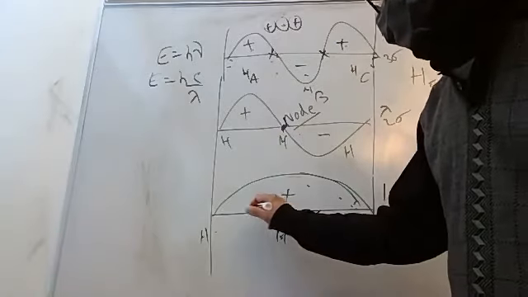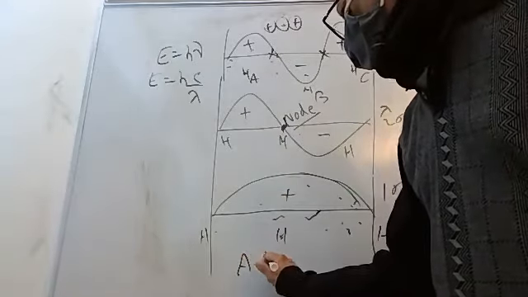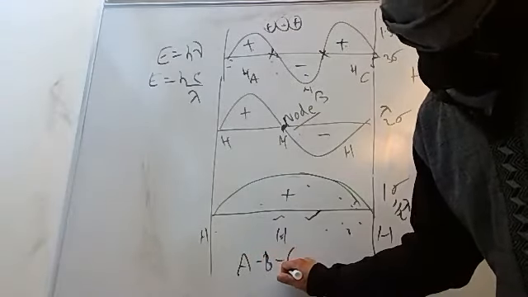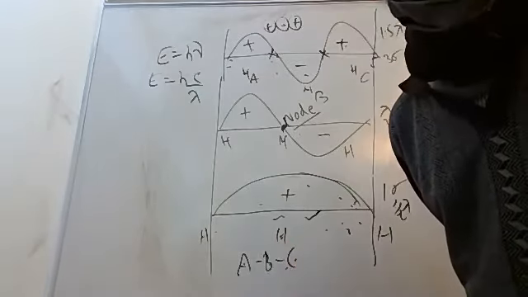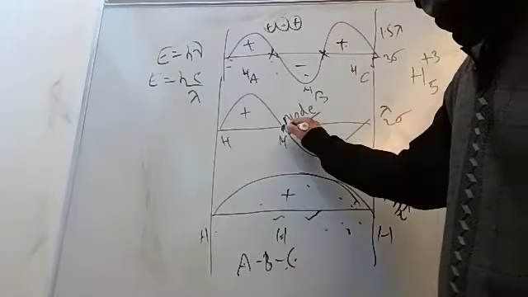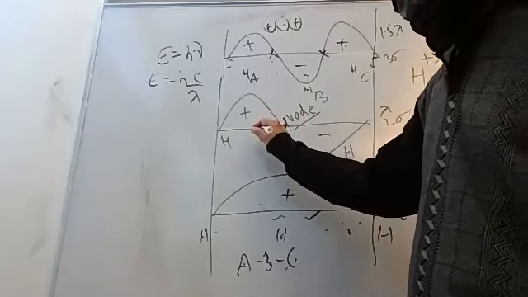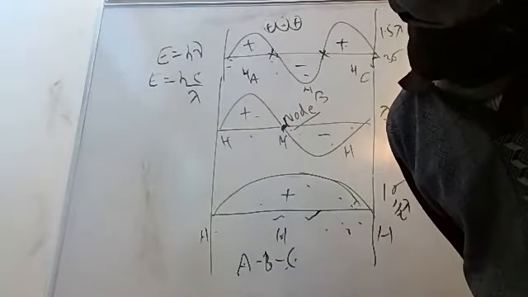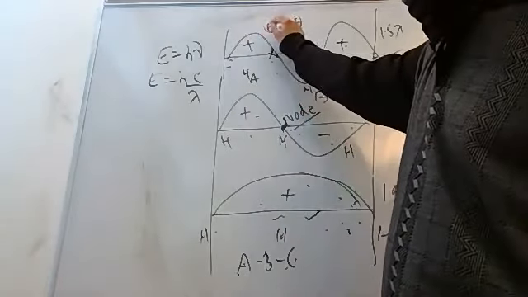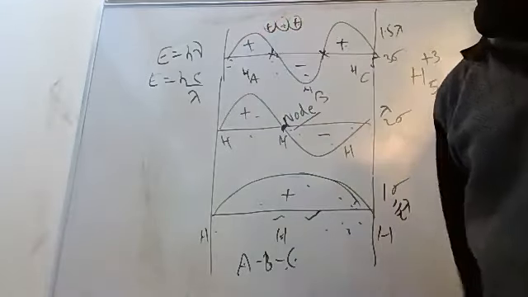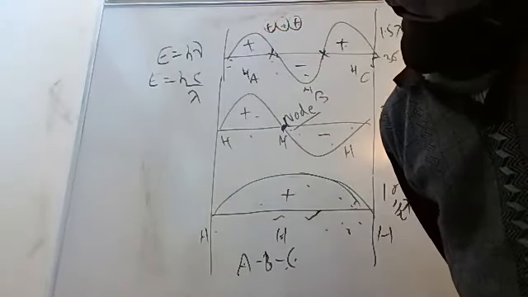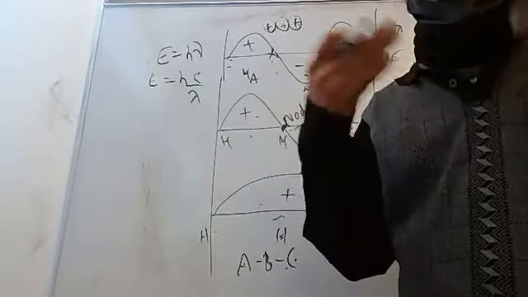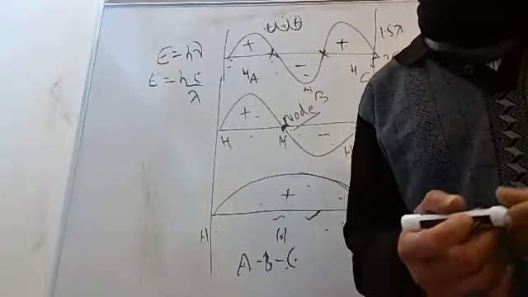In the first one, we have a bond between A and B, and there is a bond between B and C, but there is no bond between A and C. If you now look at the next one, there is no bond between A and B or B and C. In the last one, this is antibonding between A and B and C. That is the difference between these three molecular orbitals. I'm showing the same picture, but using different words to convey the same meaning.